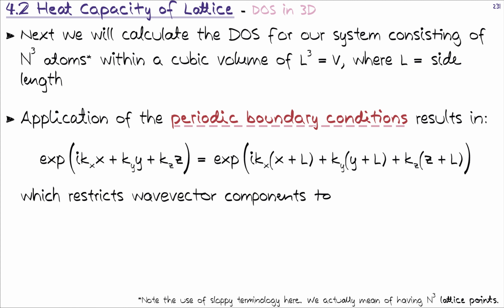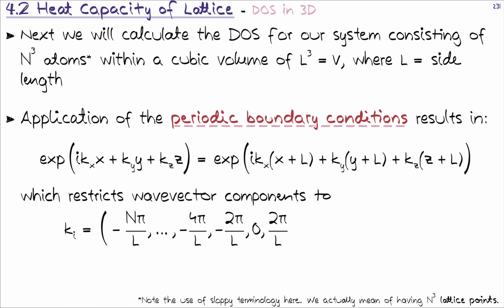So this addition of applying periodic boundary conditions here, of course, this is the thing that discretizes our wave vector. And that means that the wave vector components that we have for ki, and now i is either x, y, or z, extend in a range from minus n times pi over L all the way to n pi over L. And because we have periodic boundary conditions, these variables are discretized.